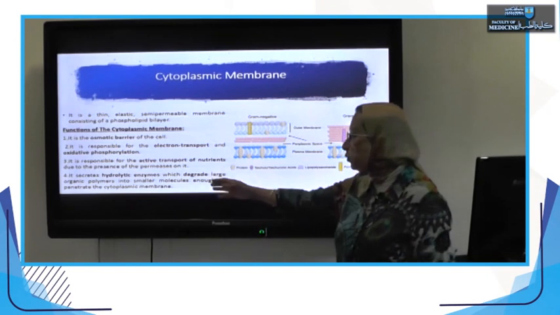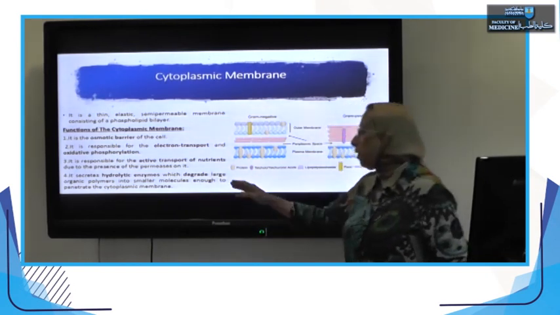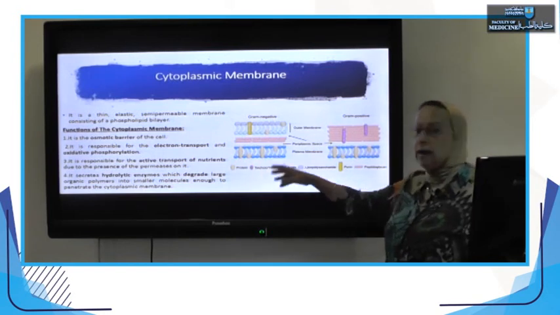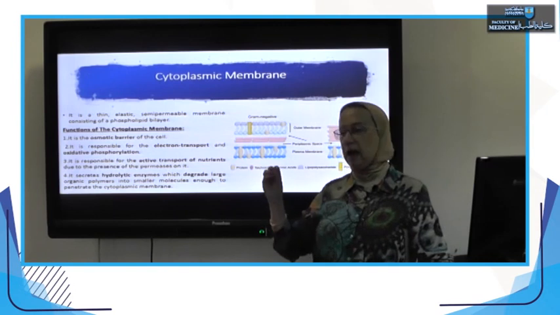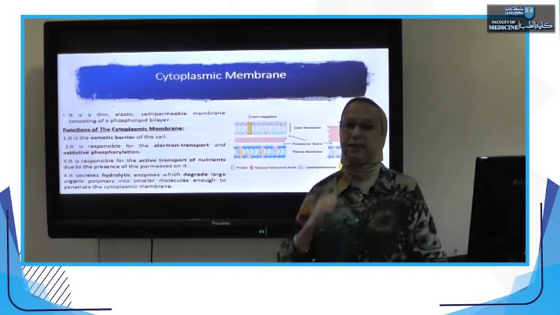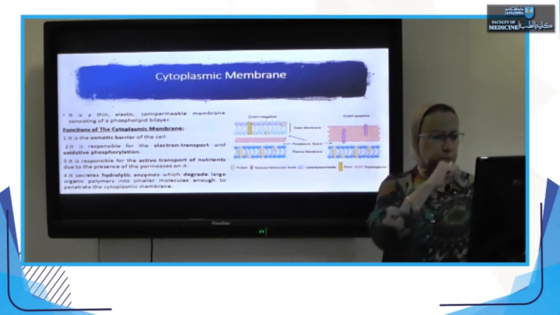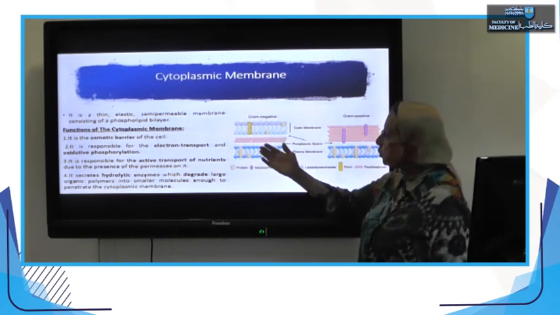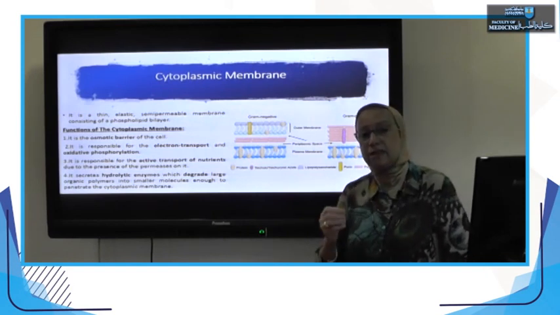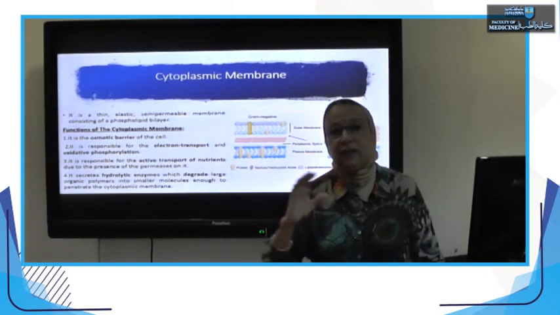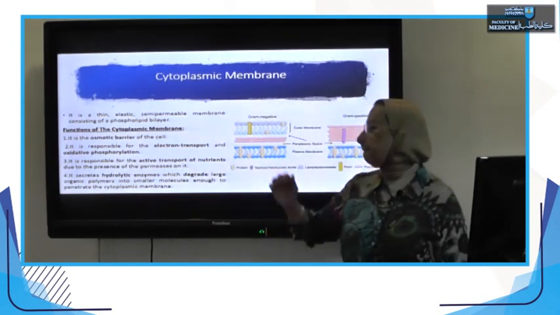It can also secrete some hydrolytic enzymes that will degrade any large-sized molecules into smaller parts, so that they are allowed to enter the bacterial cell. It is also responsible for electron transport and oxidative phosphorylation. Actually, it takes the part of the mitochondria in the mammalian cell, because mitochondria are absent in the bacterial cell.